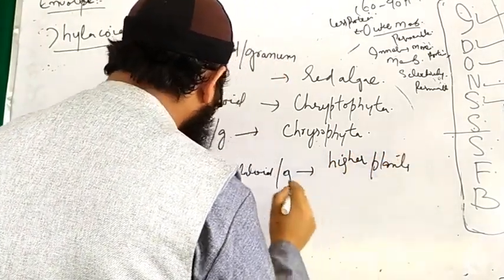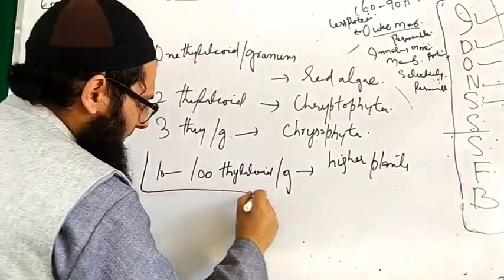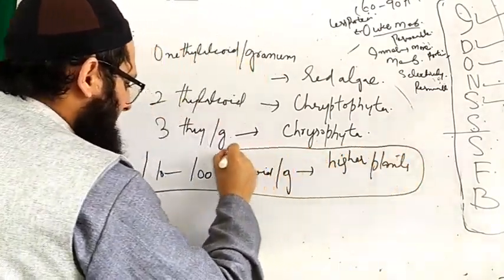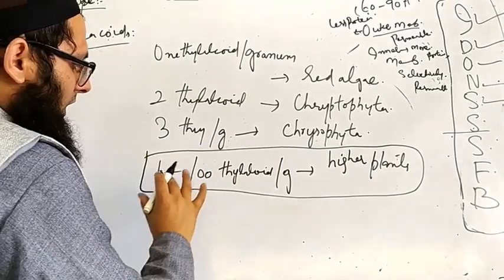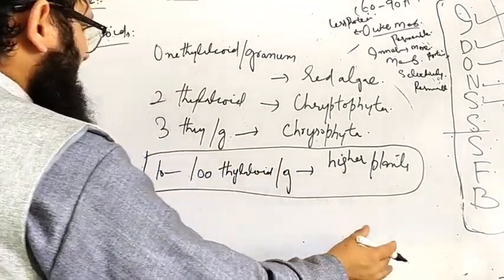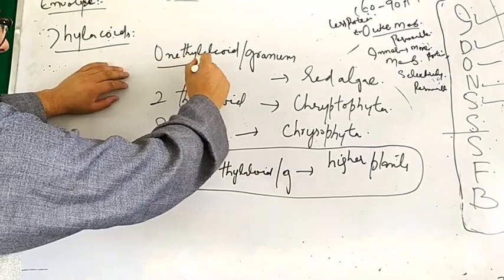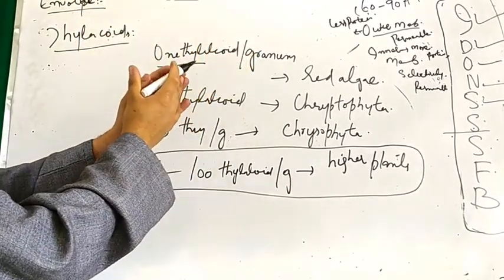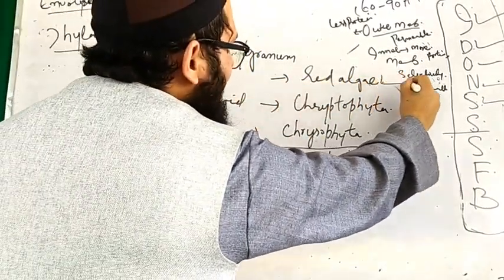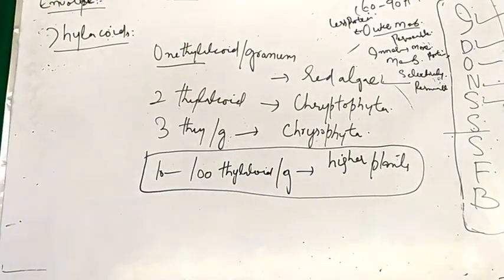So this is the most important among them. It can be asked in the examination. In higher plants, we have 10 to 100 thylakoids per granum. Sometimes it is also asked which is the monothylakoidal among them, that's the red algae. Got it?